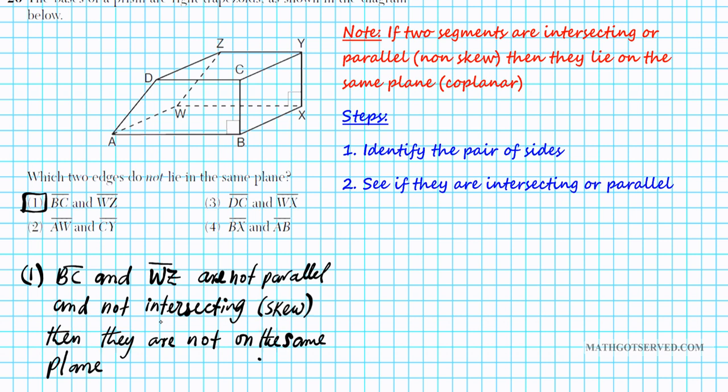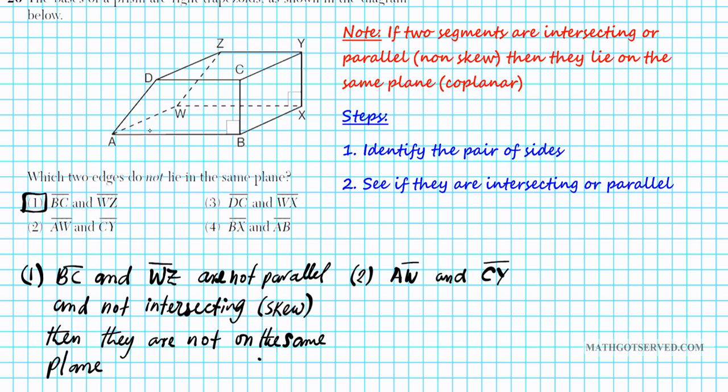Now I'm going to go over the remainder of them so you can really understand the whole idea of coplanarity and skew lines. All right, option number two, we're looking at sides AW and CY. Let's take a look at these two lines.